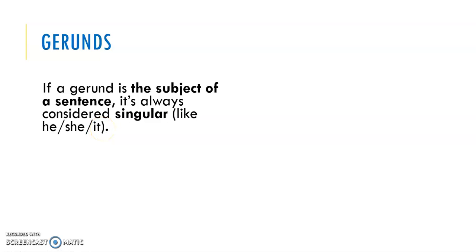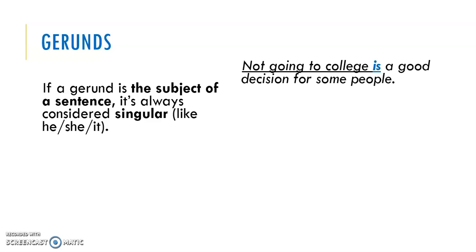But a plural subject would be something like we or they, and we'd use the verb are. Well, you can treat gerunds, when they're the subject of a sentence, as singular. So in the same way that you would say, it is a good decision for people, we could say not going to college is a good decision for some people.